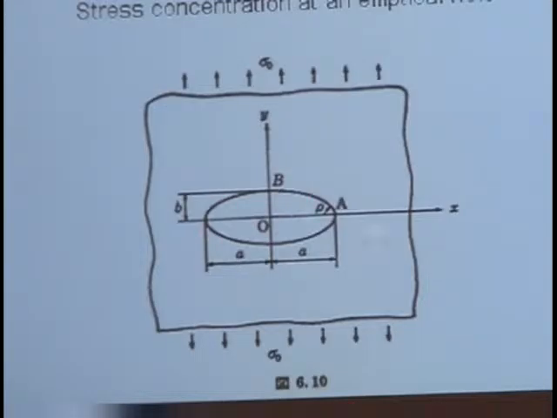This is a very important problem because it is different from a circular hole: we can change arbitrarily the combination of the major axis A and minor axis B. And in the limiting case, if B equals 0, this elliptical hole becomes a flaw. The solution of this problem is very complicated.